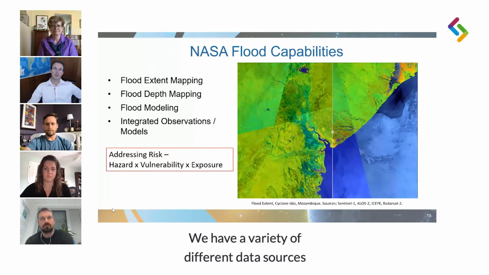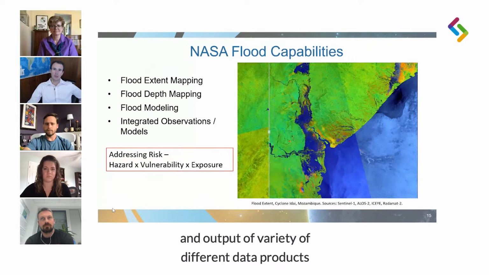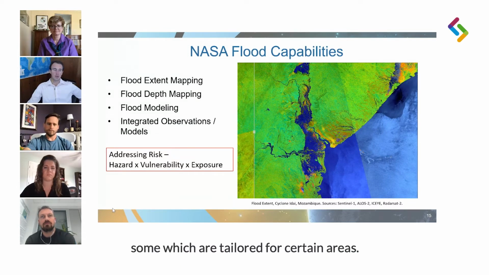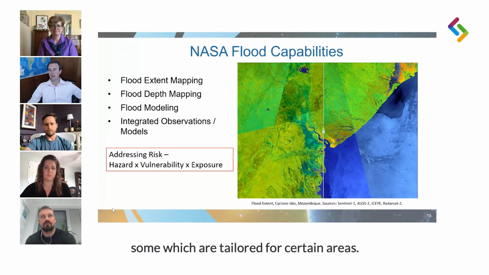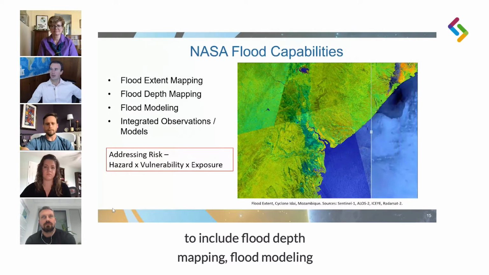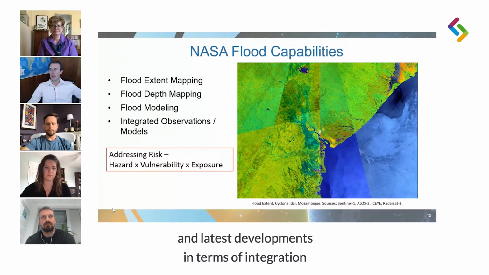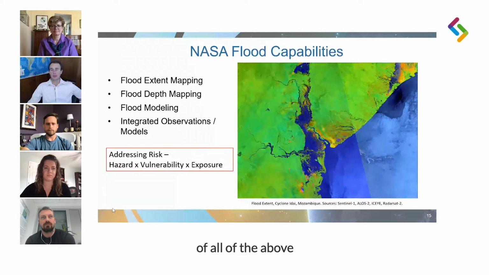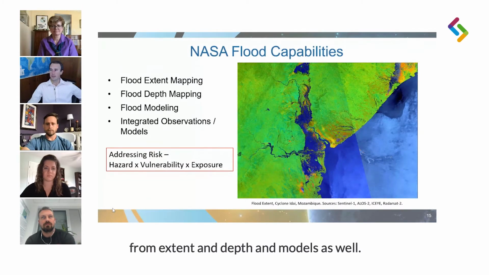We have a variety of different data sources and output a variety of different data products related to flood extent, some of which are tailored for certain areas. And the same is true for the others listed here, to include flood depth mapping, flood modeling, and latest developments in terms of integration of all of the above, from extent and depth and models as well.